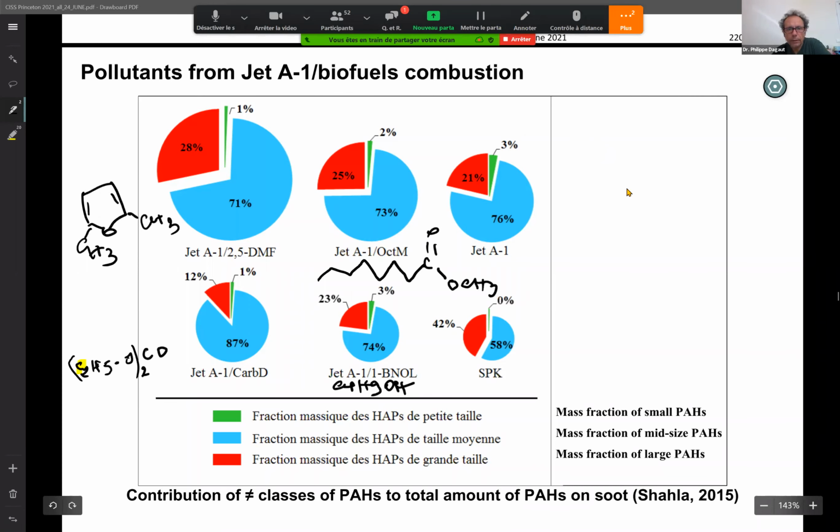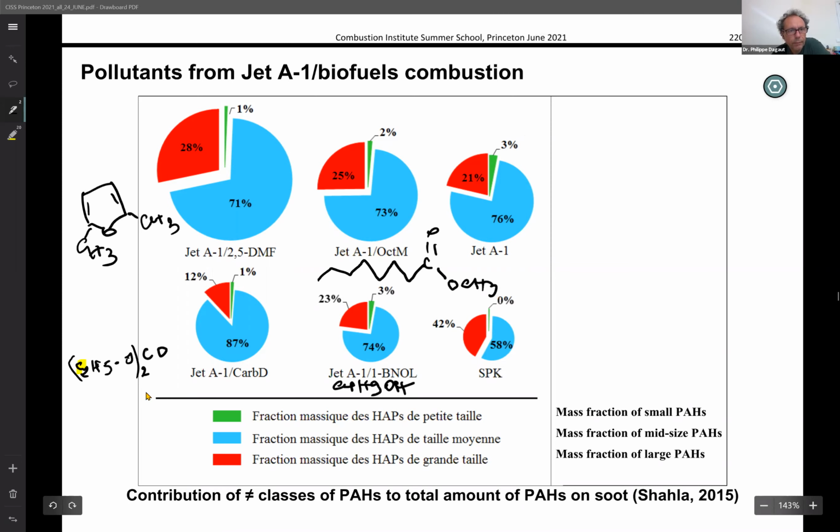All right, so let's go back to this business of formation of PAH and analysis on the surface of soot. So I drew the structure of the different additives. So this is DMF, this is diethyl carbonate, butanol, and methyl octanoate.